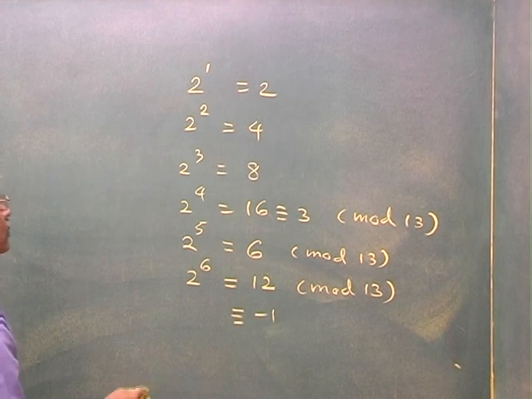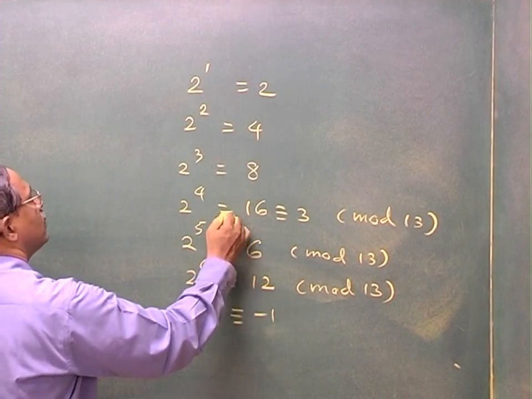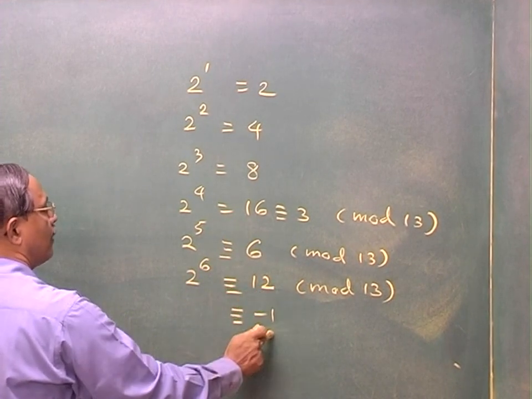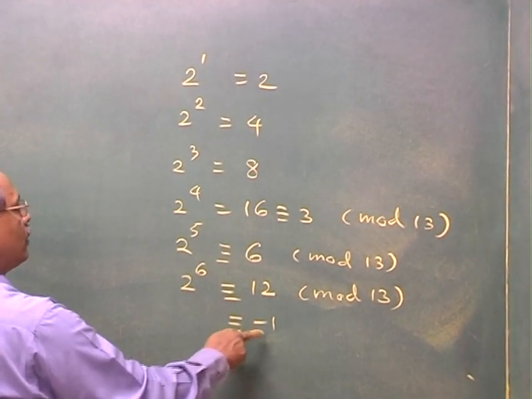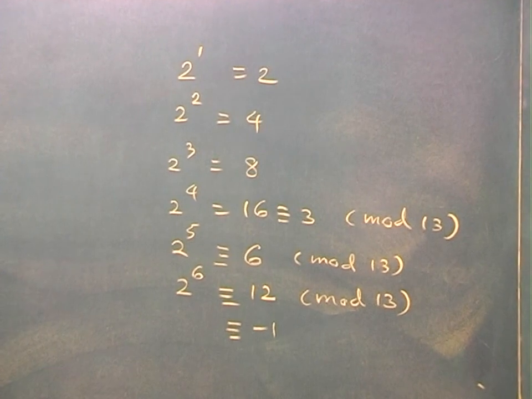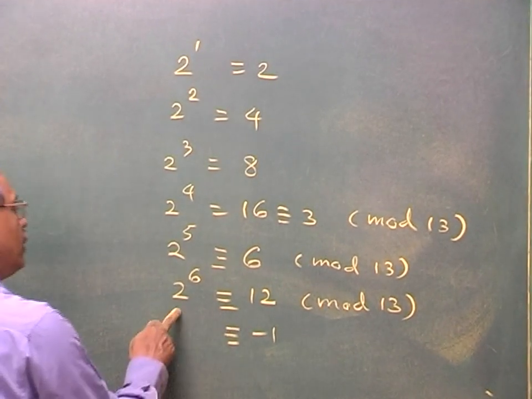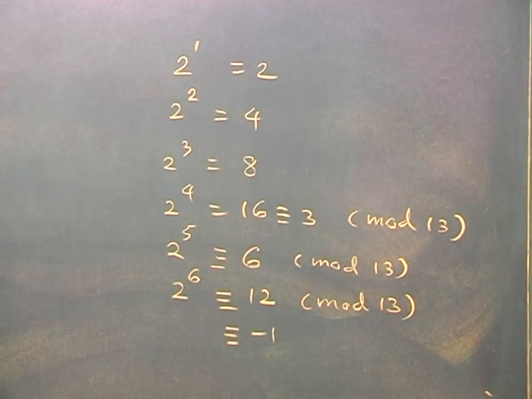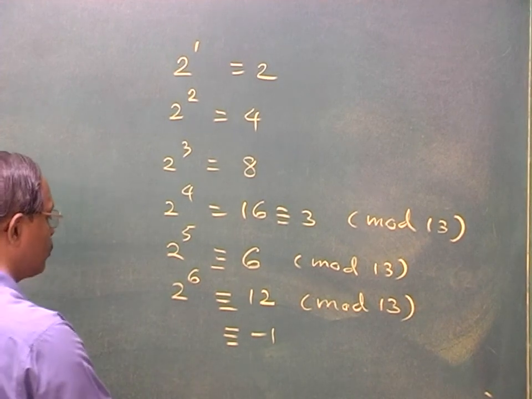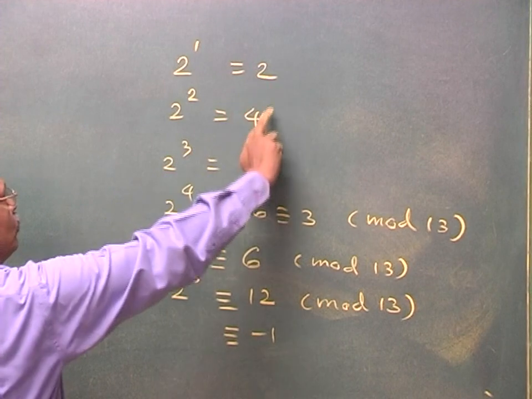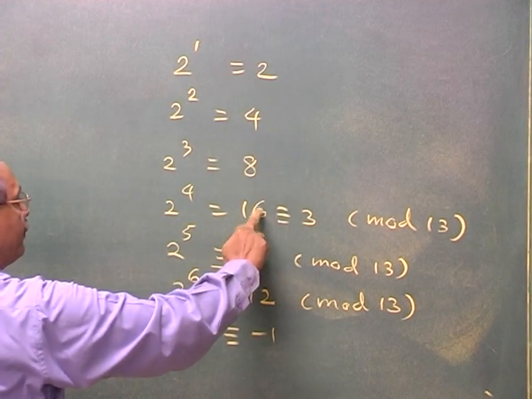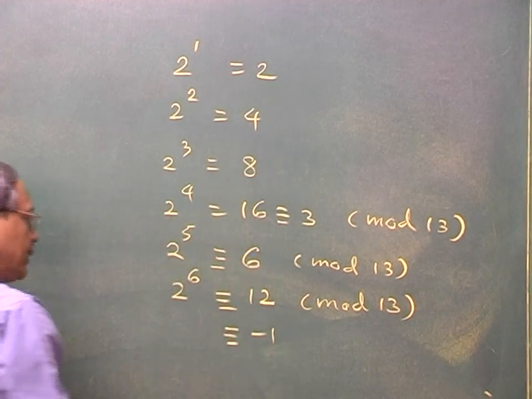So this shows that the order of 2 must be 12, because after this, 2 raised to 7, 2 raised to 8 are going to be negatives of these: minus 2, minus 4, minus 8, minus 16, minus 6.